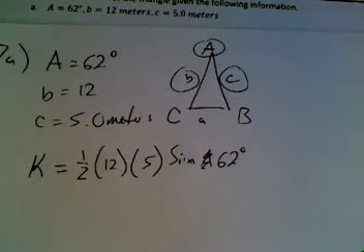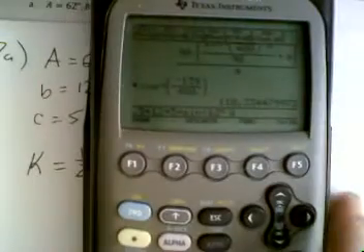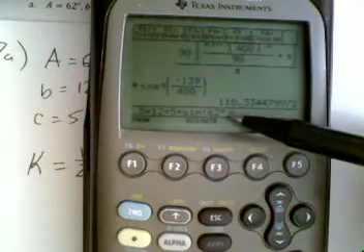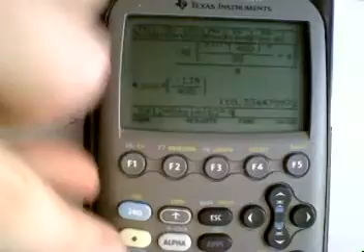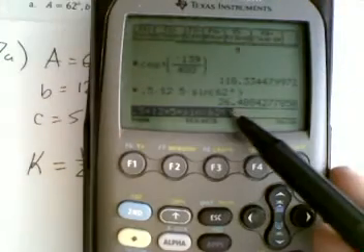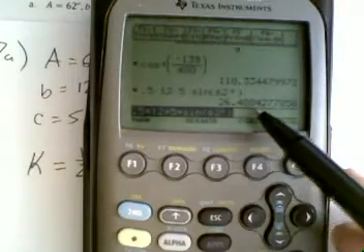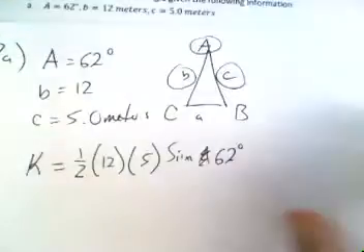Well, simply I type it into my calculator, 0.5 or 1/2 times the 12 times the 5 times the sine of 62. Make sure you type in the degree symbol here, or you make sure that your mode is in degrees. I'm going to go ahead and hit enter. And it gives me 26.4884.